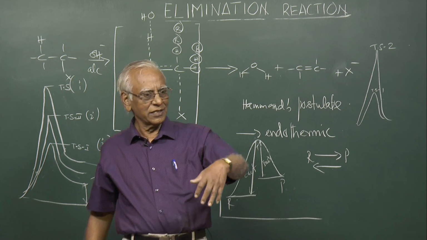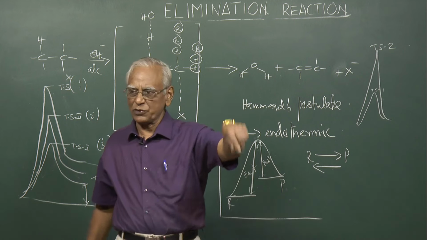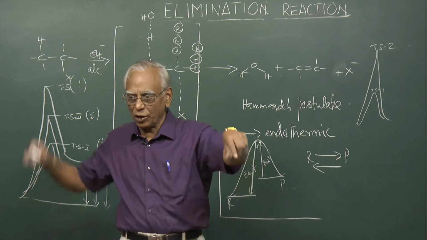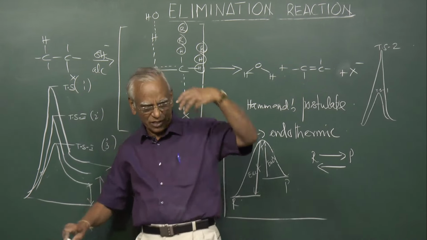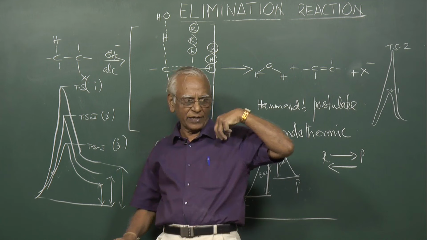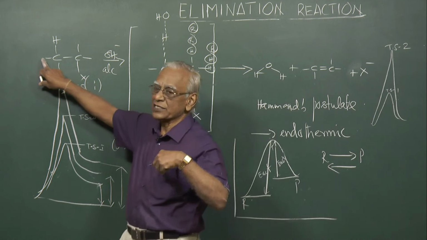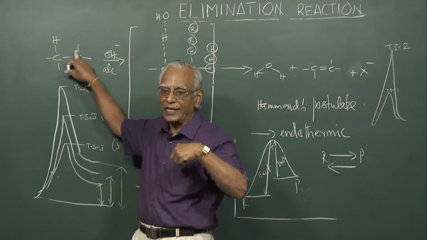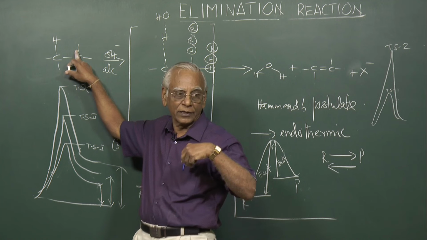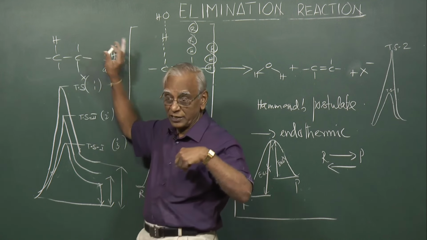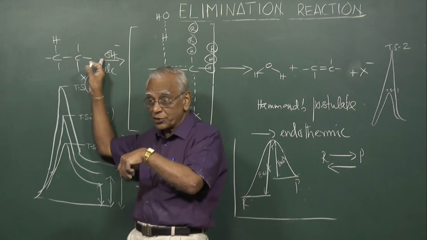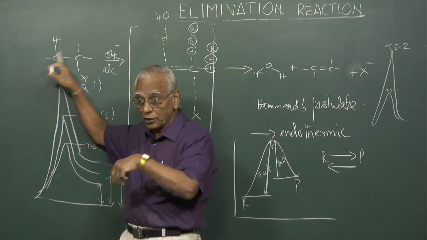Yes? It not only depends on the substituent on the alpha carbon atom, it also depends on the substituent on the beta carbon atom. Which of my statements is right? Tell me. Having more substituents on the alpha carbon atom and the beta carbon atom gives you a more stable product. Having more substituents on the alpha carbon atom, less number of substituents on the beta carbon atom, or more substituents here, less or no substituents here.